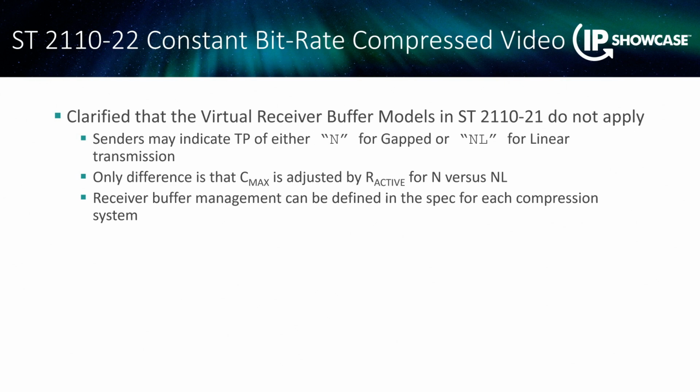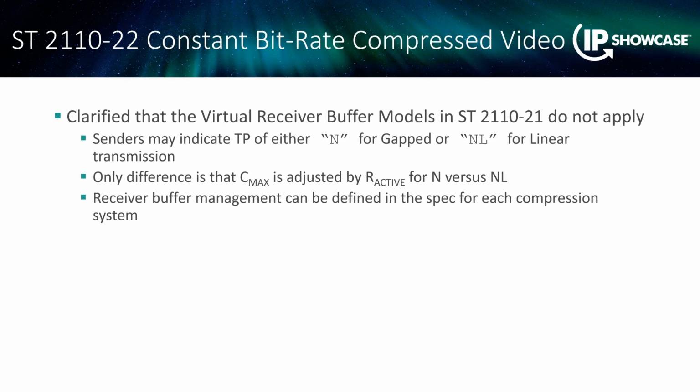Constant bitrate compressed video. Here we explicitly stated that the virtual receiver buffer models in 2110-21 no longer apply. Again, when you're thinking about compressed video, the buffer management stuff that we had in there before doesn't really make sense.